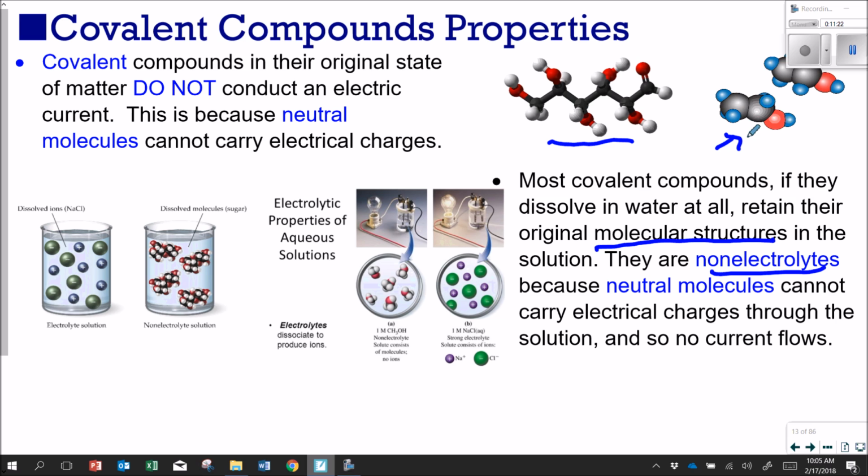If you see the pictures, here we have an ionic compound which dissolves in water, forming those ions, which can carry electrical charges. In a covalent compound, we retain the molecules. There are no charges, so no electrical current can be conducted. And we can see over here that the light bulbs do not come on if we have a covalent compound, but with an ionic compound, the light bulb comes on.